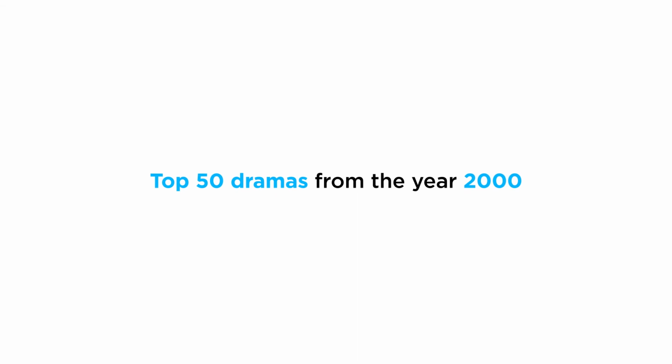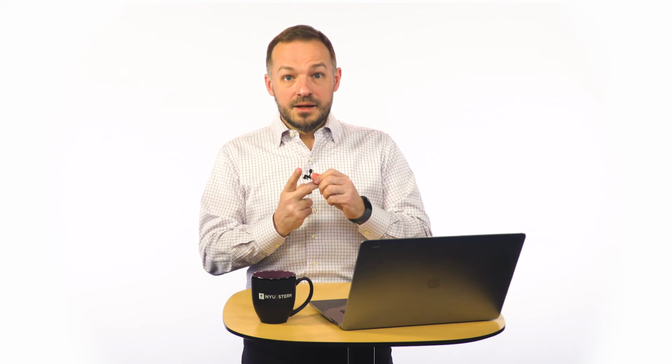Final touch. We want the top 50 drama movies from year 2000. So we take the same query, and the key changes that we need to do are the following two. A, rank the results based on rating in descending order, because we want to have the top movies at the top. And B, we want to limit the results to the top 50.